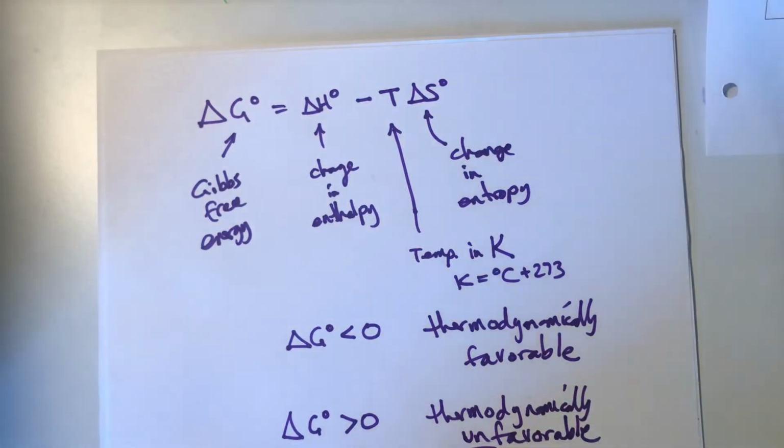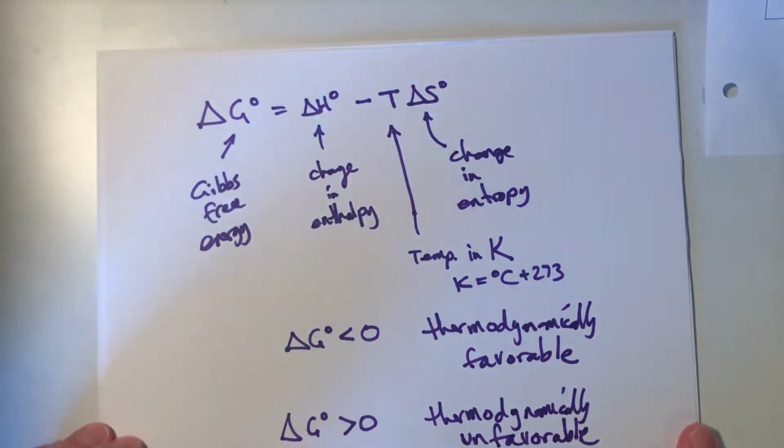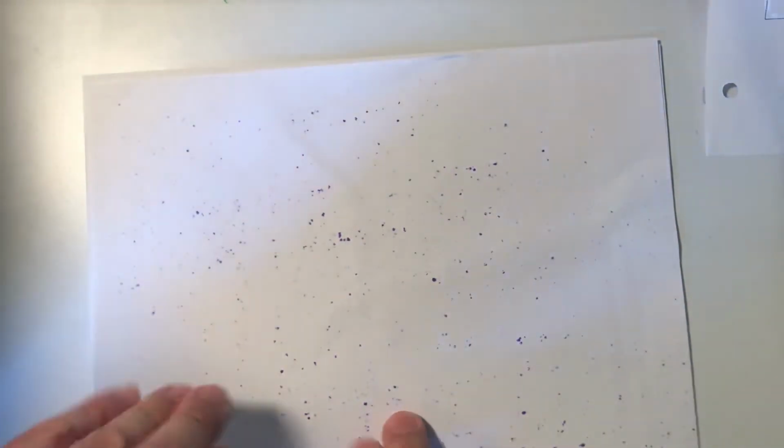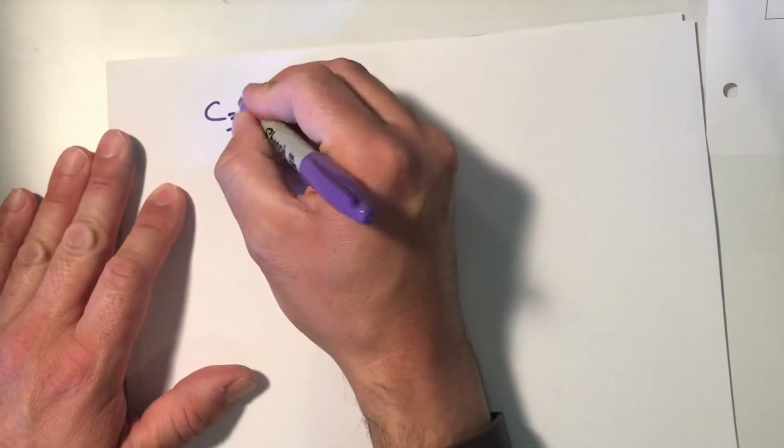So let's do an example of using the equation to predict favorability. And so what you do is you always just go look up the values, or you calculate them using all the methods that we've learned so far, all right? And so let's say you do that for a reaction such as the burning of propane.